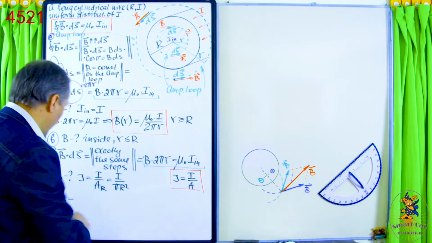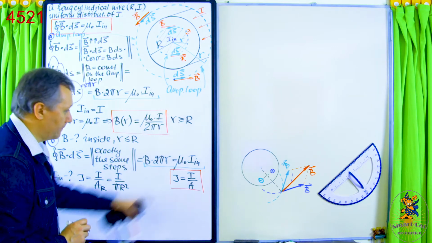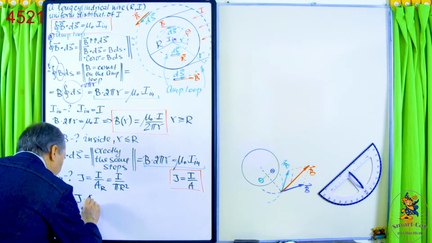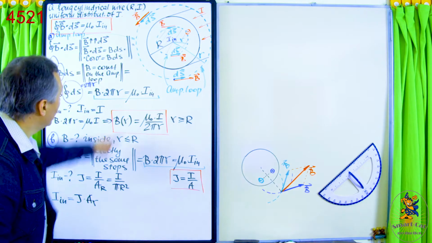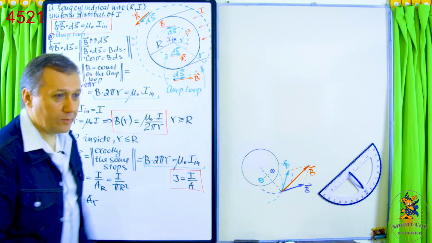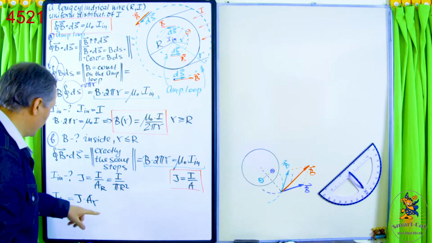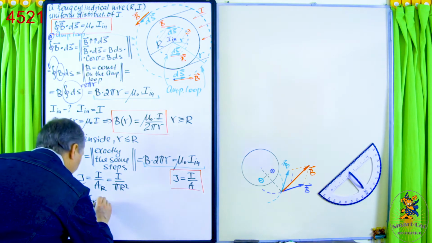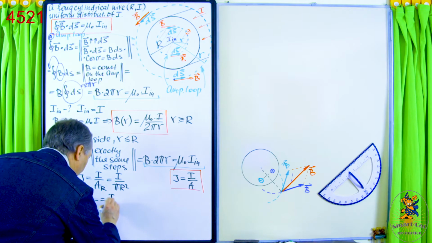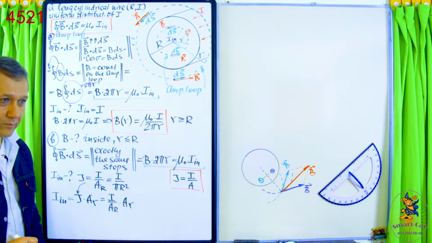So it will be J times the area of the circle with radius R small. Now I will take that J and plug it here, and I will get I over A sub R capital times A sub R small.